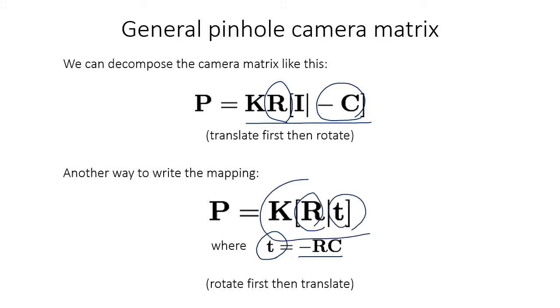Usually this is more popular to me. But it's okay. Both of them can be used. But usually this P matrix is expressed by KRT. So intrinsic parameter and rotation and translation.